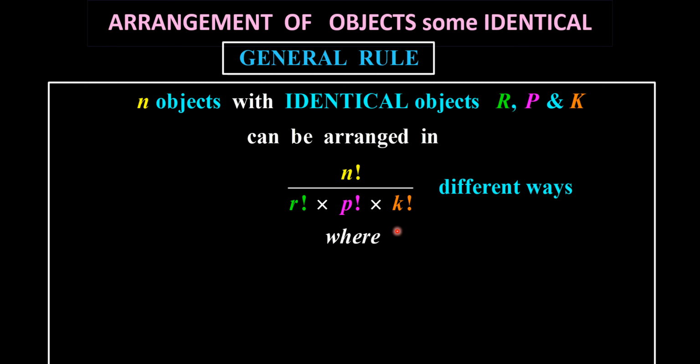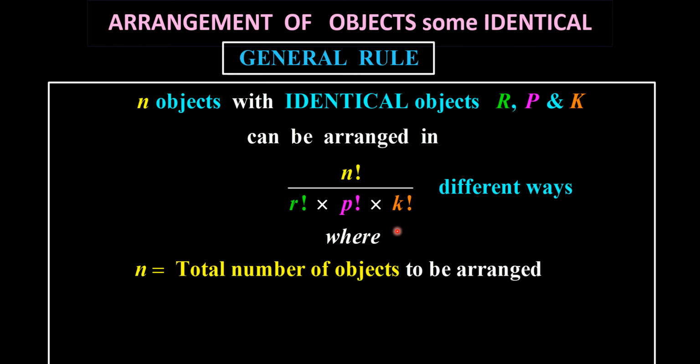The n there is quite clear. n is the number of objects that you want to arrange. Then this small r is the number of objects of capital R. So capital R, let's say there are 5 of those objects identical, then this will be 5 factorial.